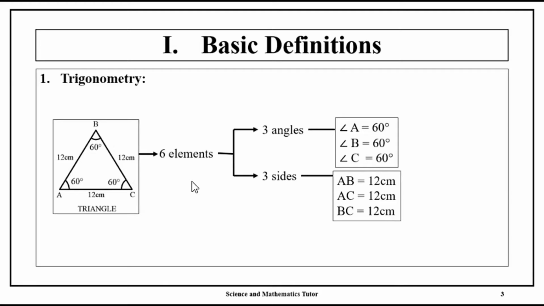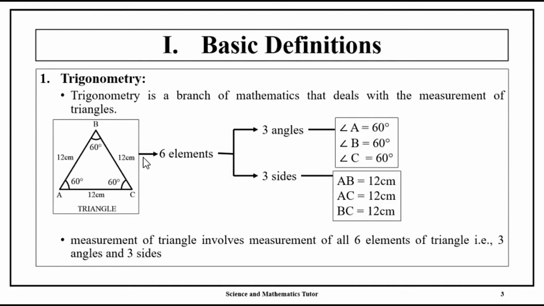So the measurement of a triangle includes all the 6 elements of a triangle, that is 3 of its angles and 3 of its sides. Trigonometry is a branch of mathematics that deals with the measurement of triangles, and measurement of a triangle involves measurement of all 6 elements of the triangle, that is its 3 angles and 3 sides.